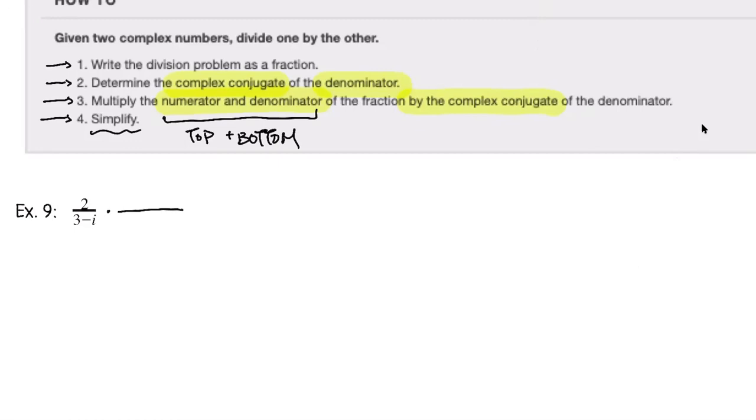3 plus i. Good, because we keep the sign of the real part and we change the sign of the imaginary part. And whatever we do to the bottom, we also need to do to the top.